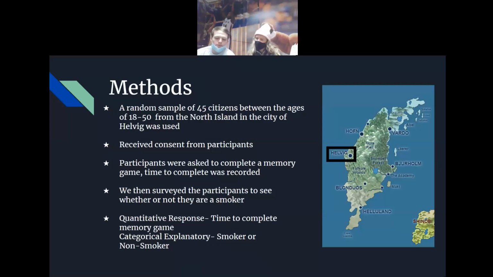We asked them to complete a timed memory game, and after the memory game was conducted, the participant was surveyed on whether or not they smoke. The time to complete the memory game is the quantitative response variable, whereas the categorical explanatory variable is whether they're a smoker or not.